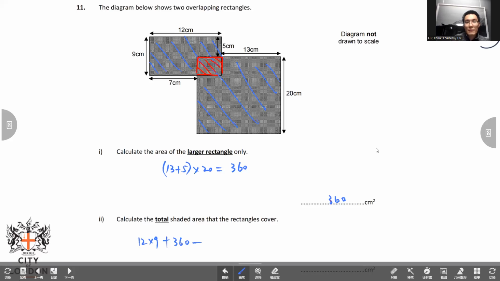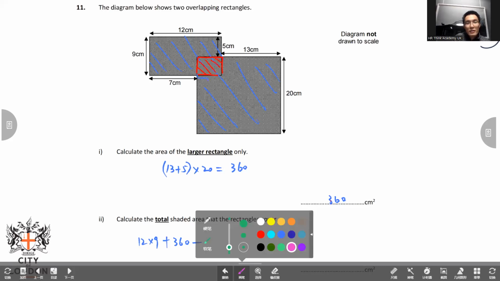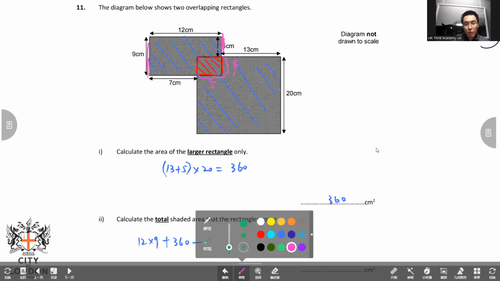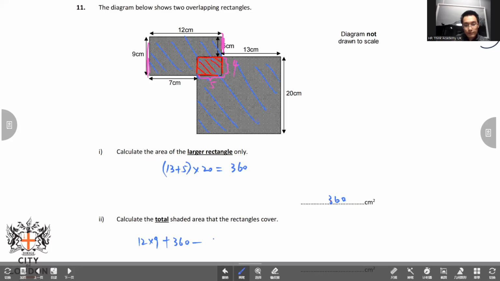So the area of the red overlapping part, we know this bit, let me change the color. This purple bit is 5. And then the width of the small red rectangle is 9 minus 5, which is 4. So minus 4 times 5. This expression after calculation will give us the correct answer. Let's calculate. 12 times 9 is 108.